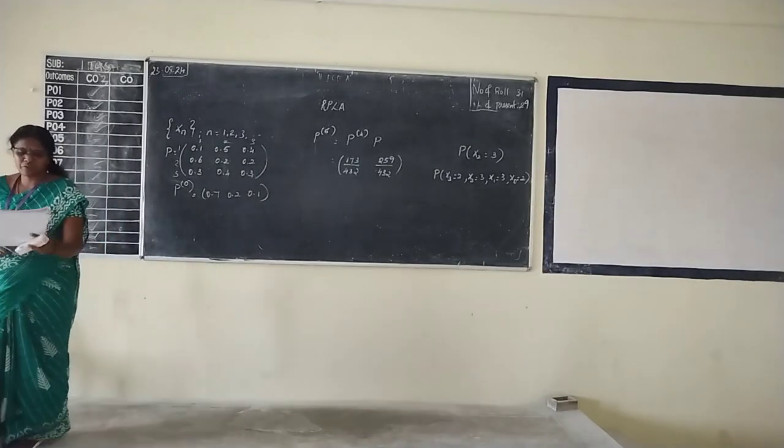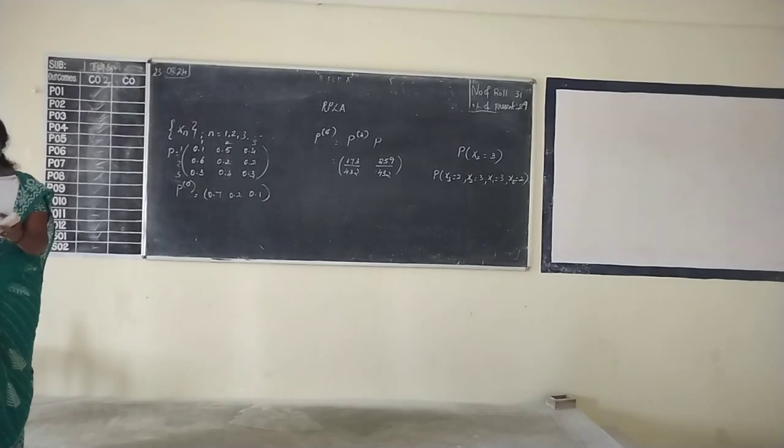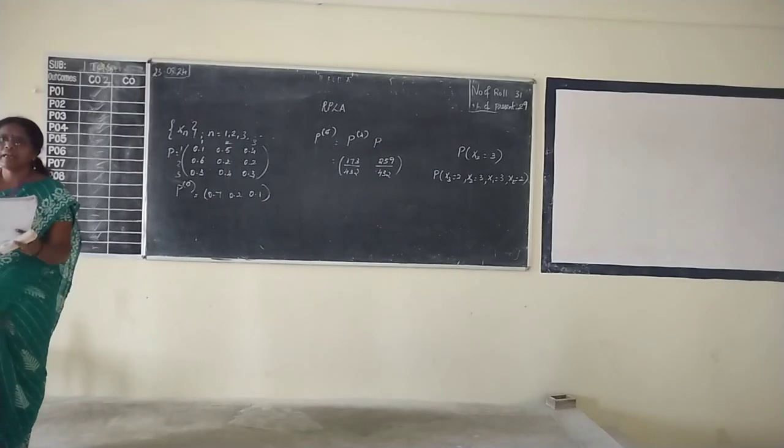Now tell me, what are you supposed to find? Probability of X2 equal to 3.